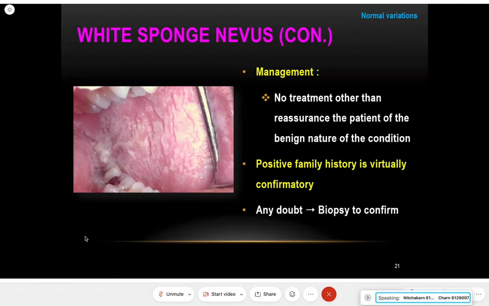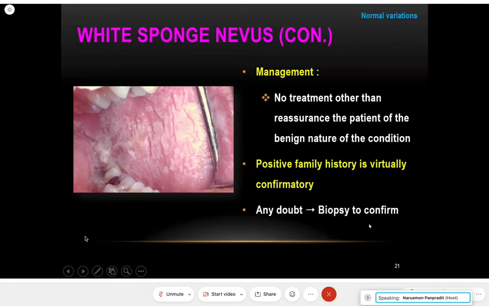Okay, oral lichen planus, one of them. Anything else that is white like a white plaque? Leukoplakia. Okay, because oral lichen planus can show a plaque type, and it can look like this too. So if you are not sure and the patient cannot report any positive family history, it's better to do a biopsy to confirm.